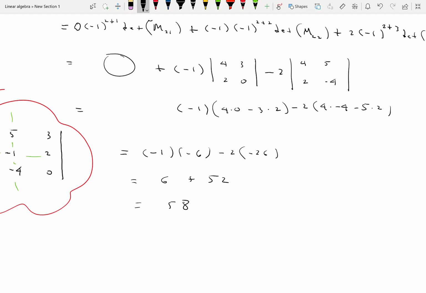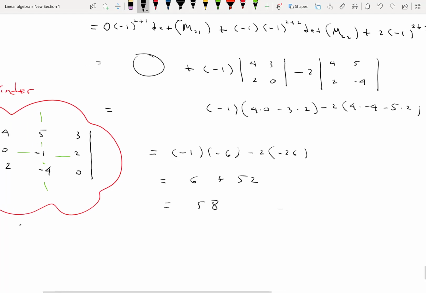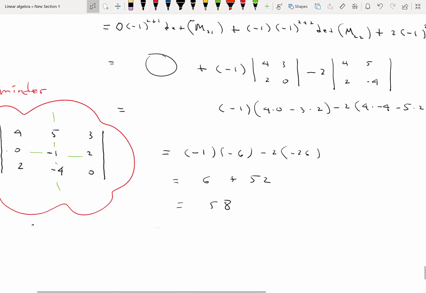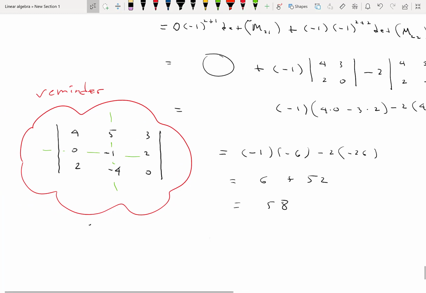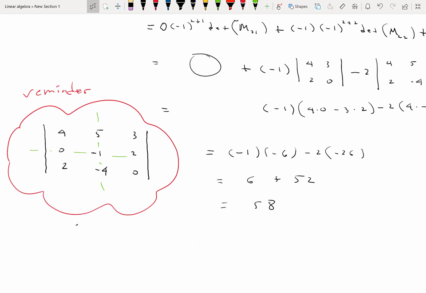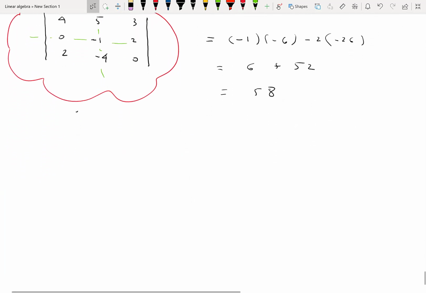All right, so there's the cofactor expansion about the second row. The major theorem that I was referring to before I started this example, in your textbook, is Theorem 1.16. It has two parts.